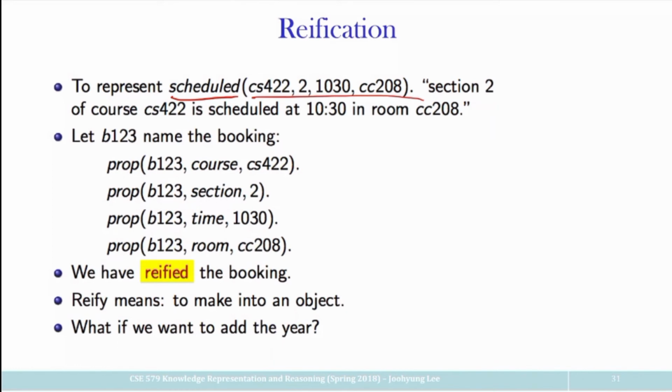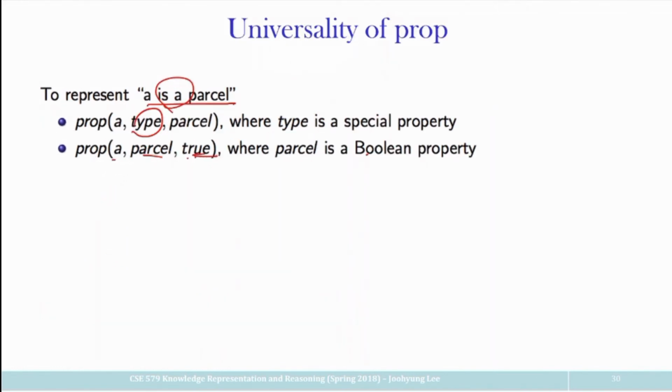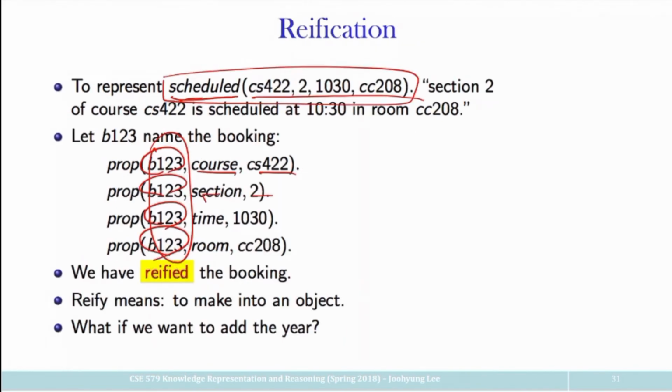So what people found out is, let's introduce some generic name for this whole predicate. So let's say B123. So instead of one fact, we are going to say this property. This is kind of so-called reification. Okay, so introduce some kind of auxiliary node. And from this auxiliary node, you have course CS 422. Okay. Section is 2, time is 10:30.